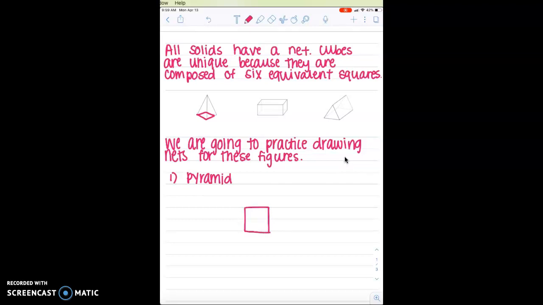And then looking at that shape again, all of my faces are triangles and they're all the same size.